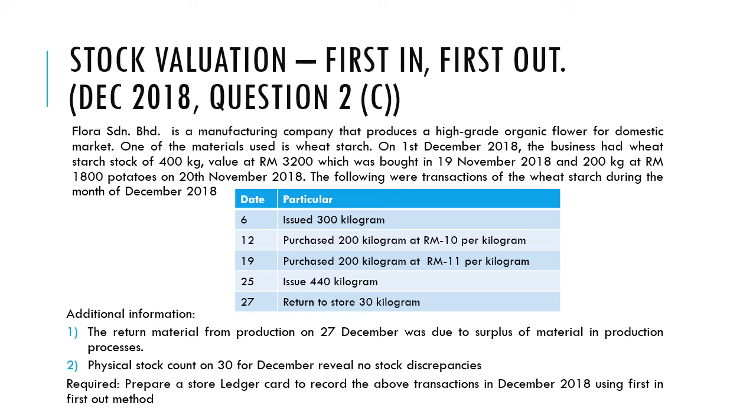It means that the production department has returned 30 kg of material back to the store. So when you want to record this, please record under the receipt column. And then the physical stock count on the 30th of November will reveal no stock discrepancies. Okay, so they ask you to prepare the store ledger card using the first in, first out method.